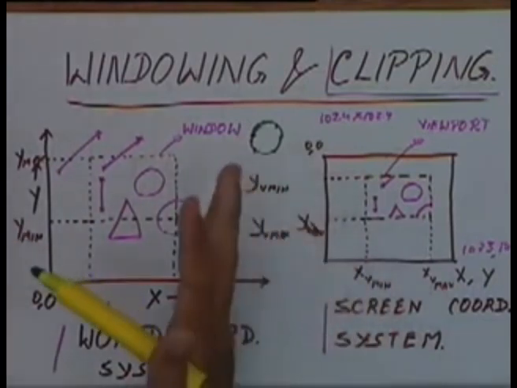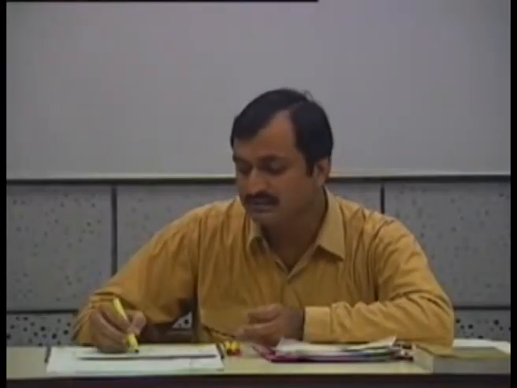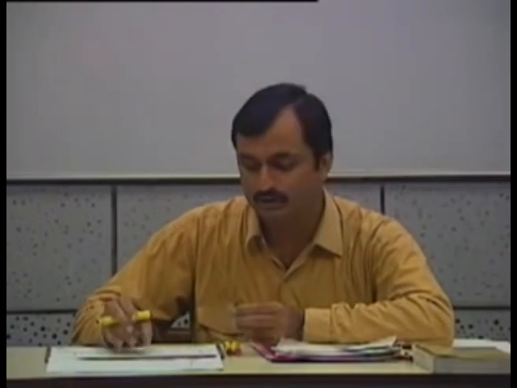So the first thing we do is see whether this curve has any portion in common with the window. If it does not, we will ignore it. If it does, only then we try to do the clipping for that, and for that we will approximate it by a set of lines. So then we know that some portion is going to be common.